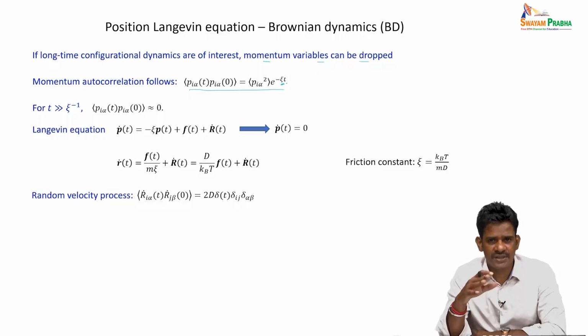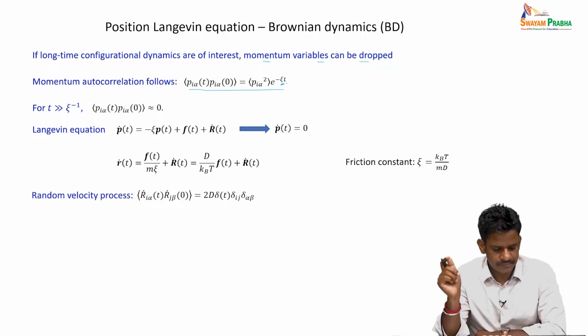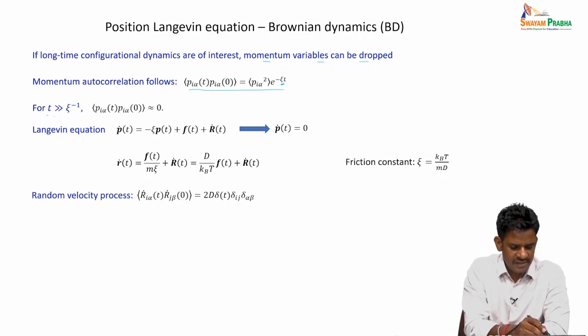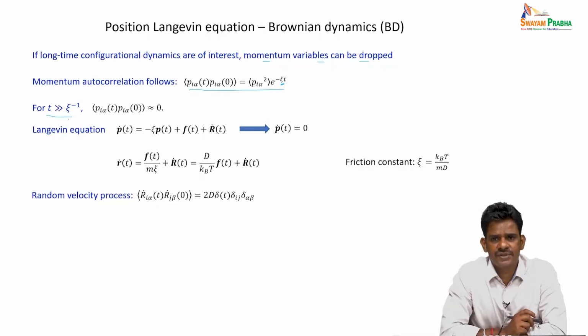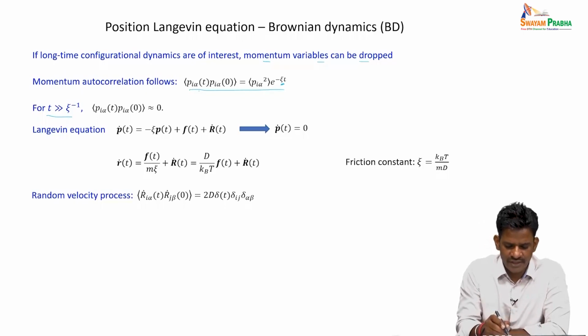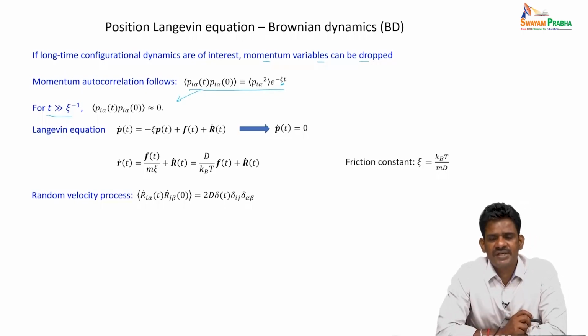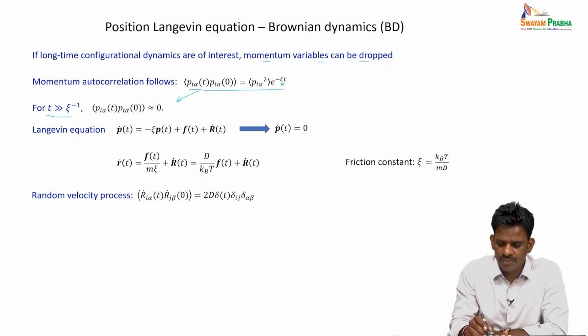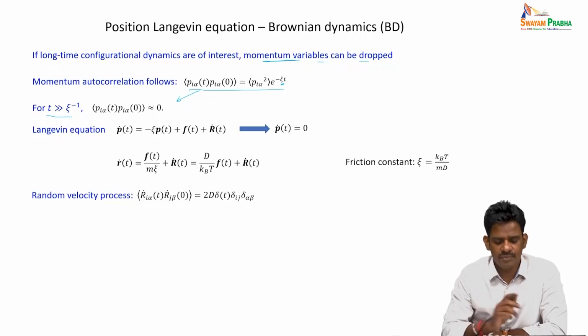So the momentum correlation dies out very quickly as long as you take larger time steps. For t or delta t larger than the inverse of this friction coefficient, we can show that this momentum correlation decays within the time step. So in such a case, we can leave out all the momentum variables and work with only the positions.